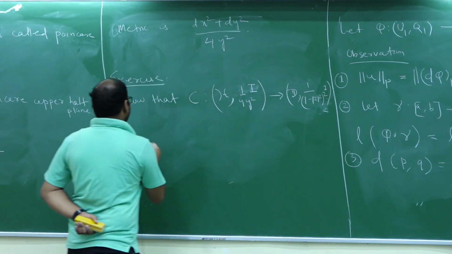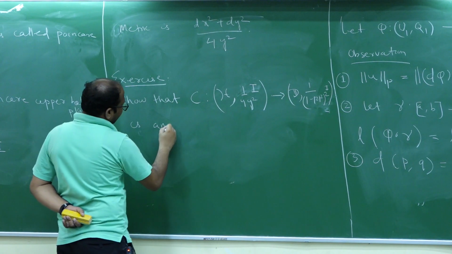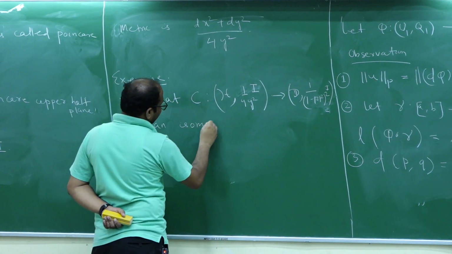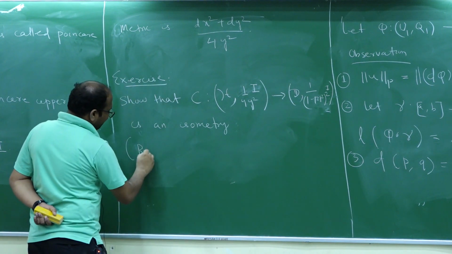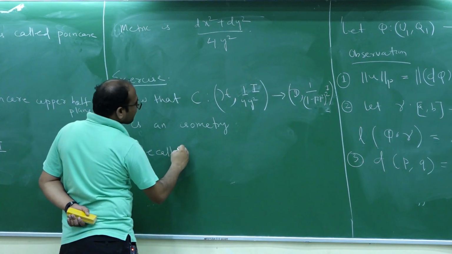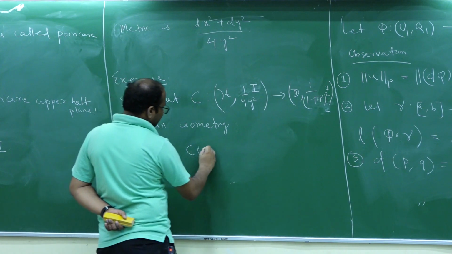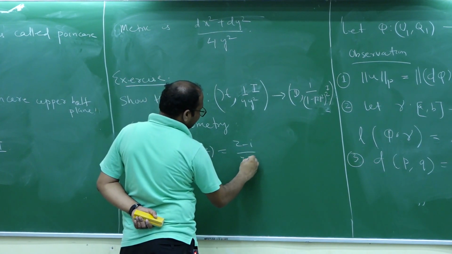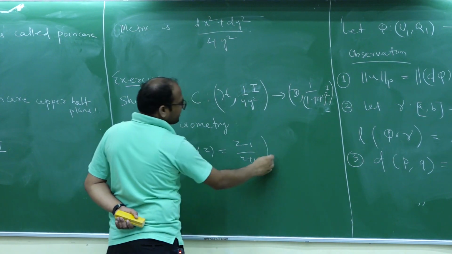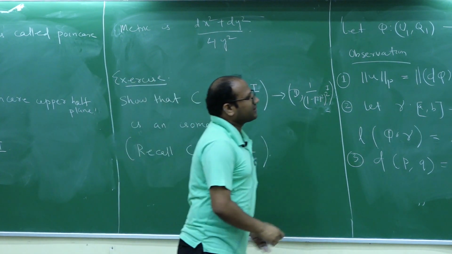This is an isometry. So what was the calculus? z is equal to z minus z. So this is a very easy exercise. I believe it.